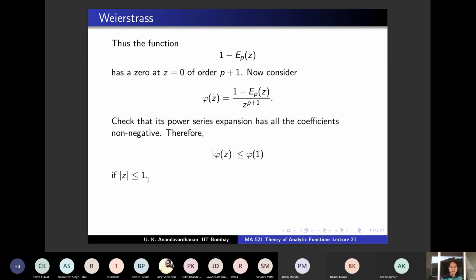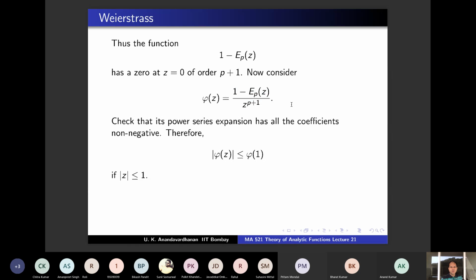And what is summation a_n? Summation a_n is just phi of 1. And what is phi of 1? Phi of 1 is E_p of 1 is 0 and this is 1, so phi of 1 is 1. So you're getting mod phi z less than or equal to 1, and that's what you wanted to prove. You wanted to prove that the modulus of 1 minus E_p(z) is less than or equal to mod z power p plus 1 if mod z is less than or equal to 1, and you are done.